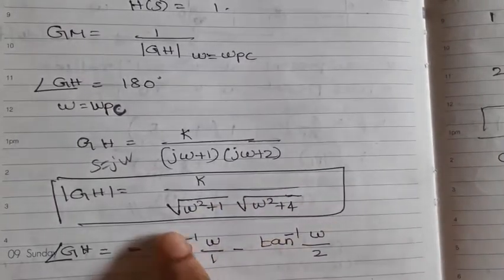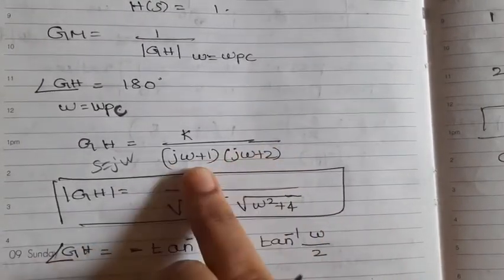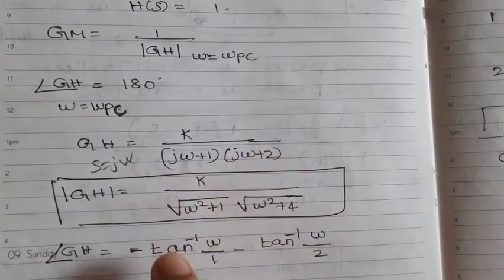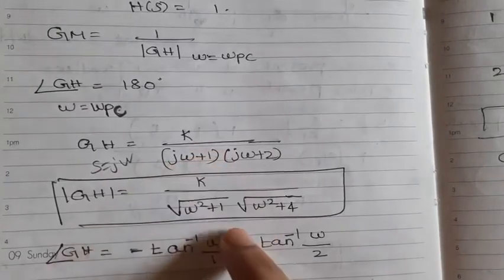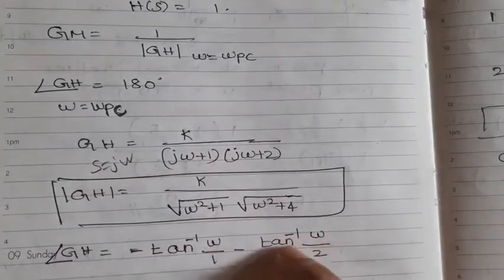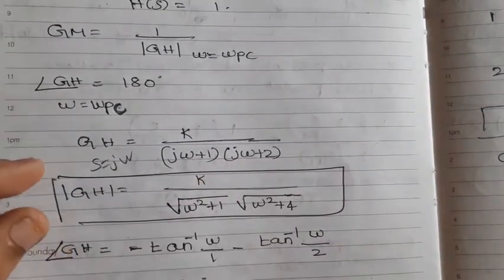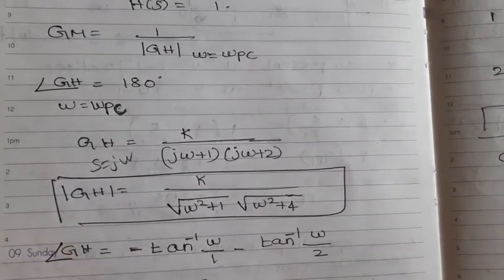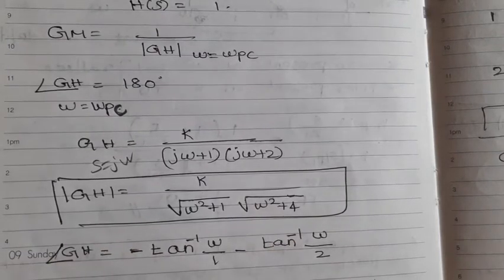The angle is nothing but, since it is in the denominator, we need to put a minus sign before it: minus tan inverse of imaginary by real, omega by 1, and minus tan inverse of omega by 2. So this is the magnitude value and phase value. We are going to substitute different omega values and find out the magnitude and phase value.